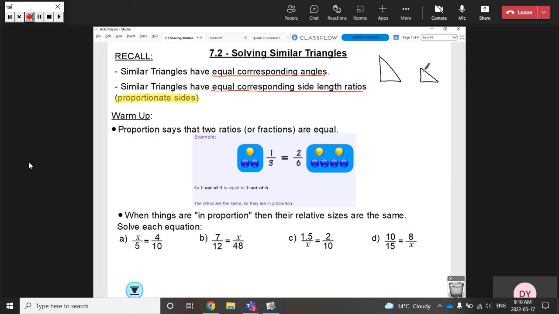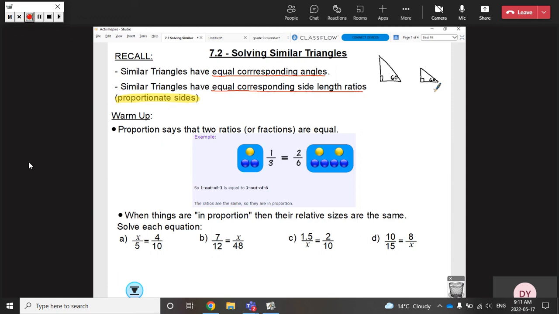And we say, okay, 90, 90, and then 60, 60. So the way that we know these are similar, let me pull out a calculator here.